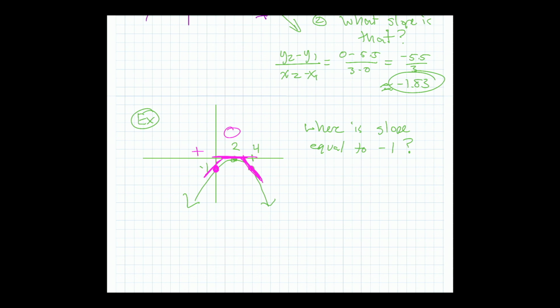What kind of slope is that? Negative, right? So if I only have these 3 points to pick from, x equals negative 1, x equals 2, x equals 4, that was actually 0 here, I just realized.